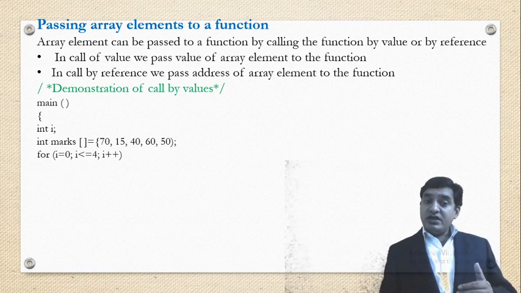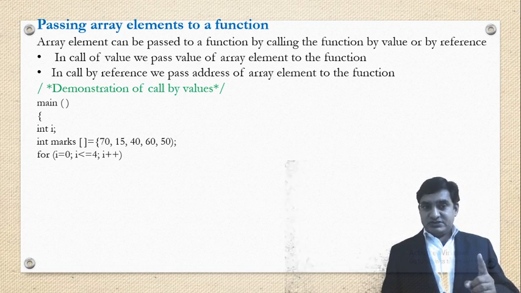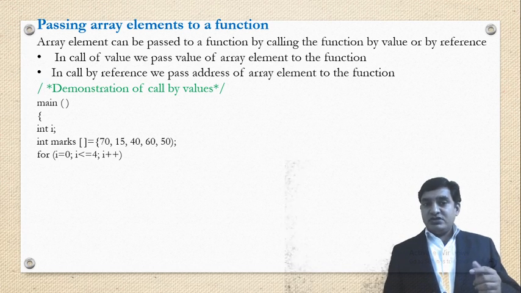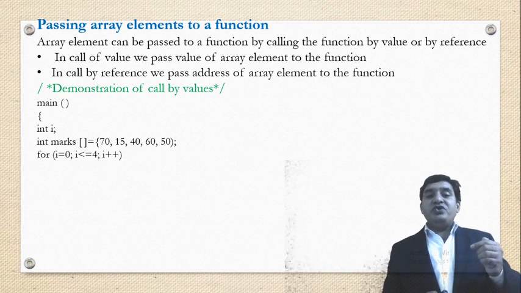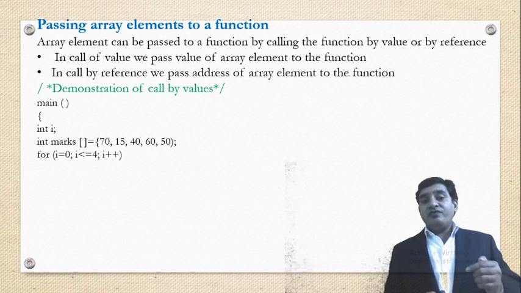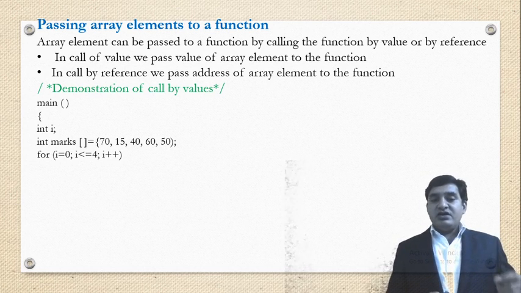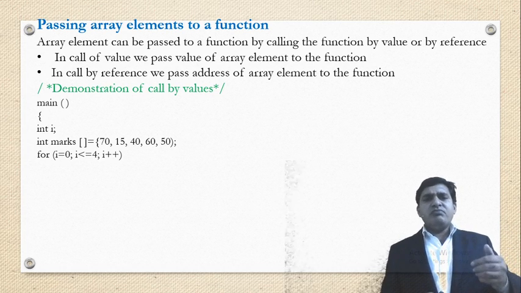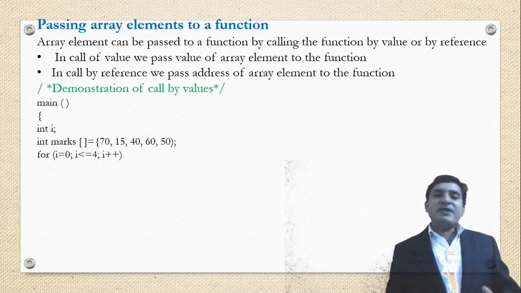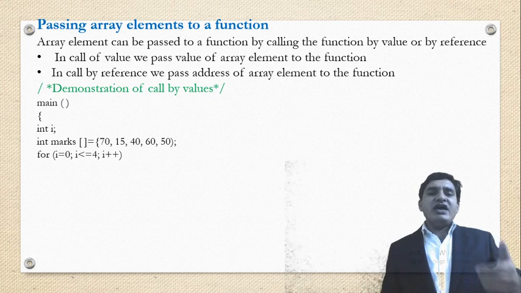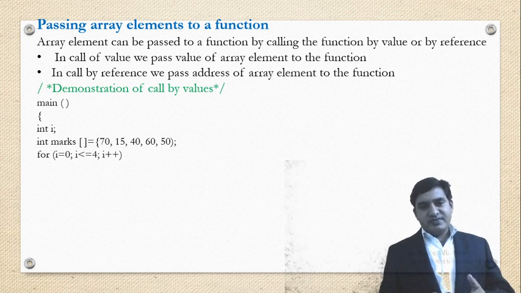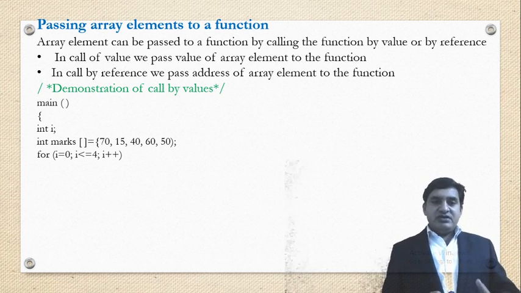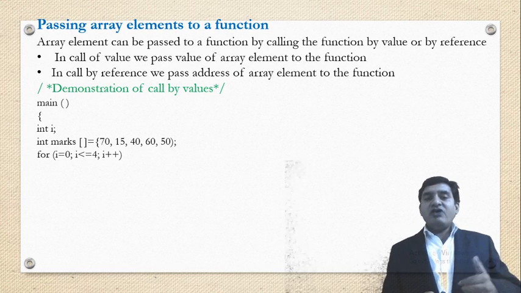The first variable we consider is marks 0, which has the value 70. The second variable, marks 1, has 15.